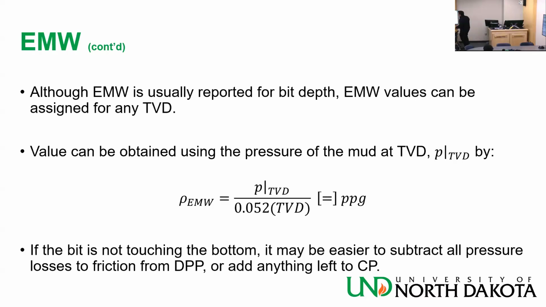In the left leg, you start from DPP, and then you remove the pressure losses to friction, or on the right leg, you start from the CP, which is atmospheric, and then you start adding. Because basically, it's like I start at 1,000 on the surface, and then I end up with 0 at the flow line, right? I started on the surface, I finished on the surface.